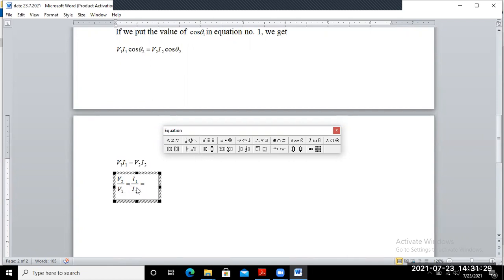So V2 by V1 you can also write as N2 by N1, the same relation from the MMF of the primary and secondary. So V2 by V1 equal to I1 by I2 equal to N2 by N1.